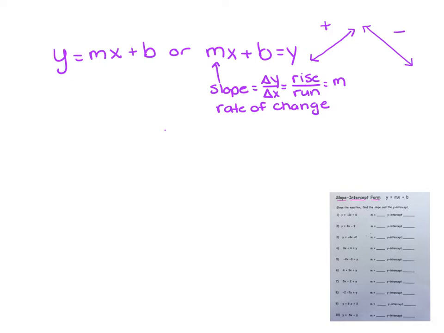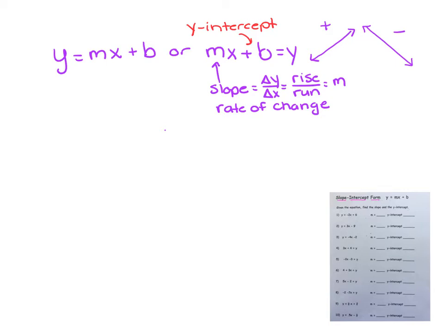The b value represents the y-intercept. It is our anchor point, or it is the point where the line intersects that y-axis. So, we're given plenty of information when it comes to this equation.